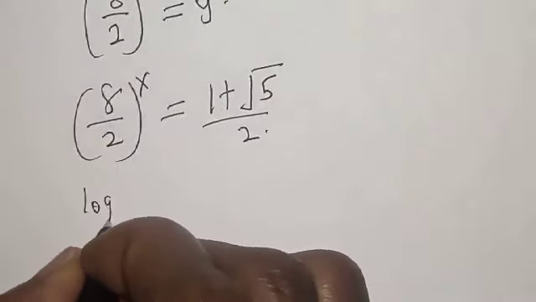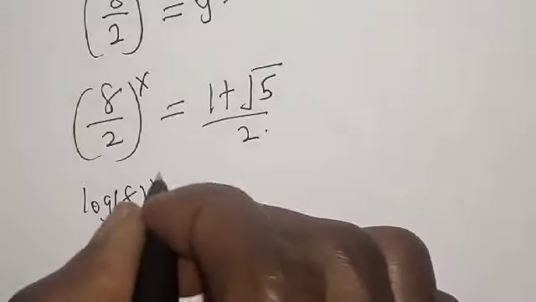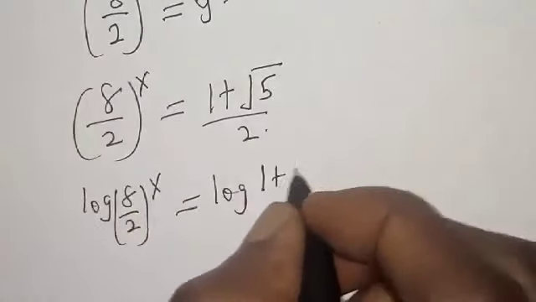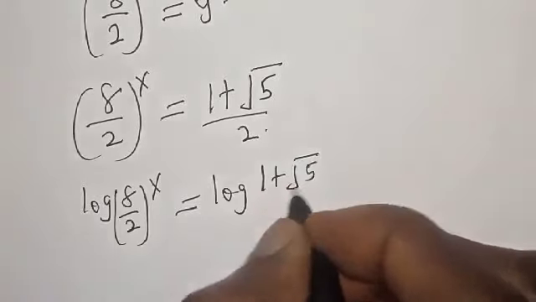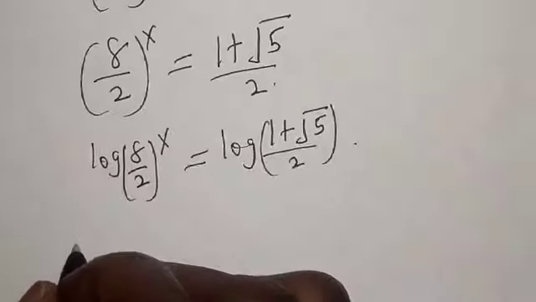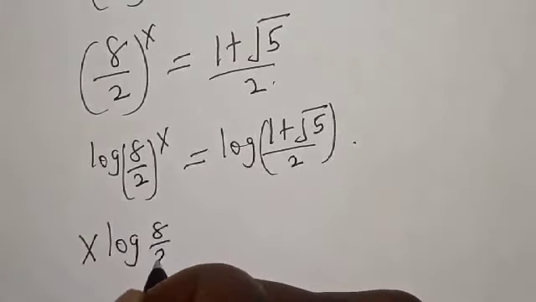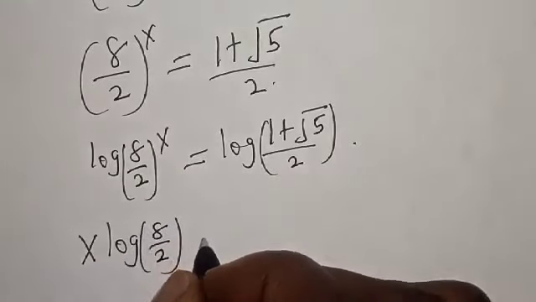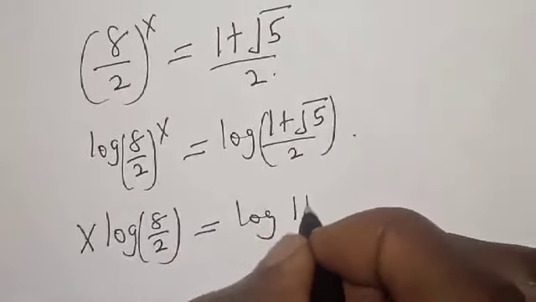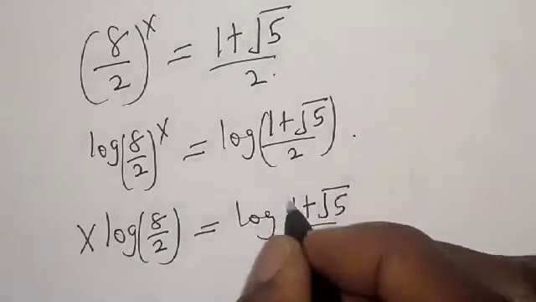Log (8 over 2) raised to power s is equal to log of (1 plus square root of 5 over 2). Now s log (8 over 2) is equal to log of (1 plus square root of 5 over 2).